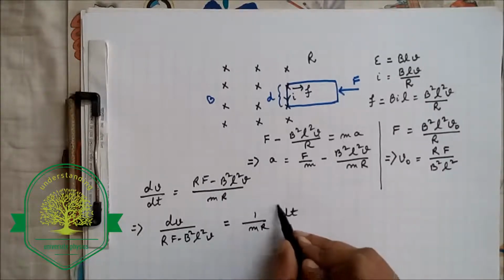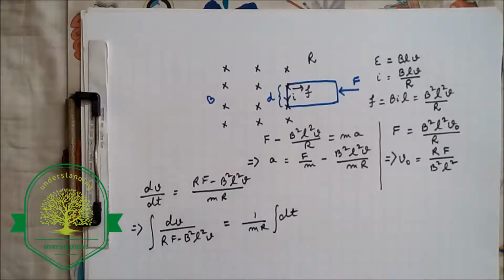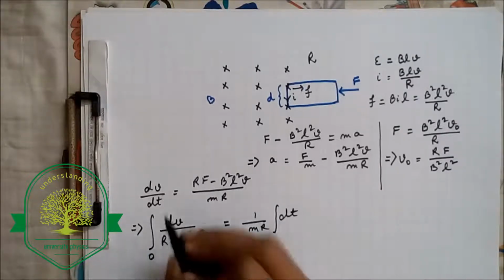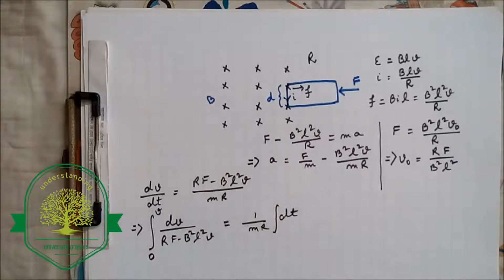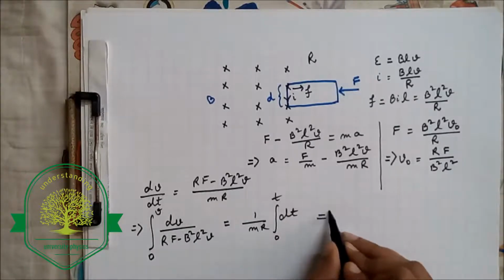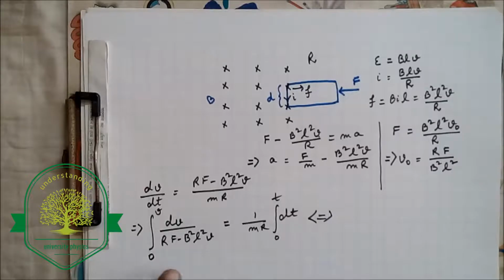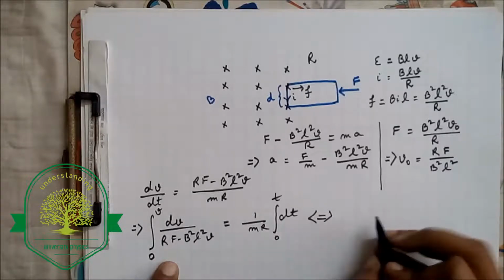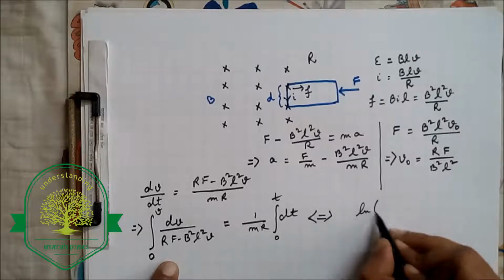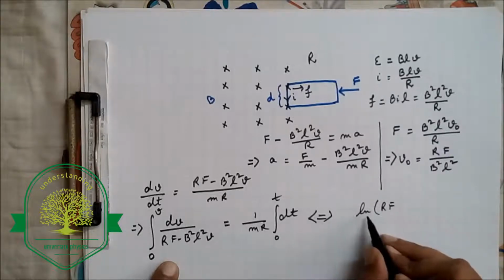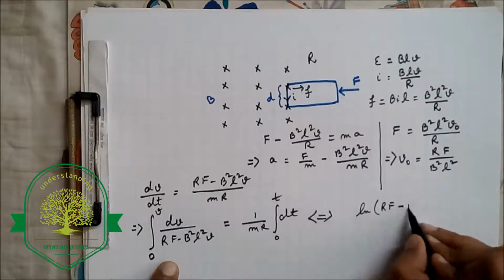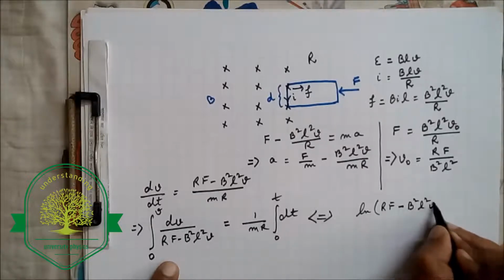I can integrate both sides. The initial velocity is 0, say after time t the velocity is v, and the time increases from 0 to t. So this is obviously the log function. The result of this will be the log function. So I'll get log of Rf, and this is the natural logarithm with base e, minus b square L square v.